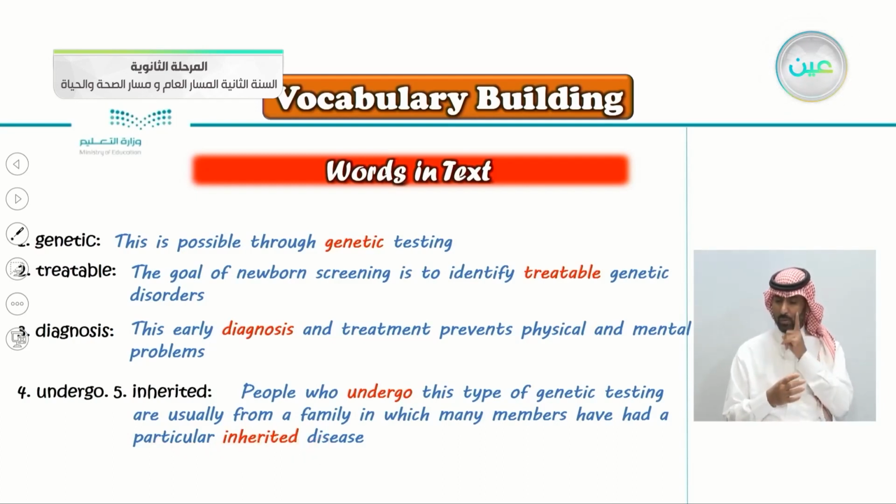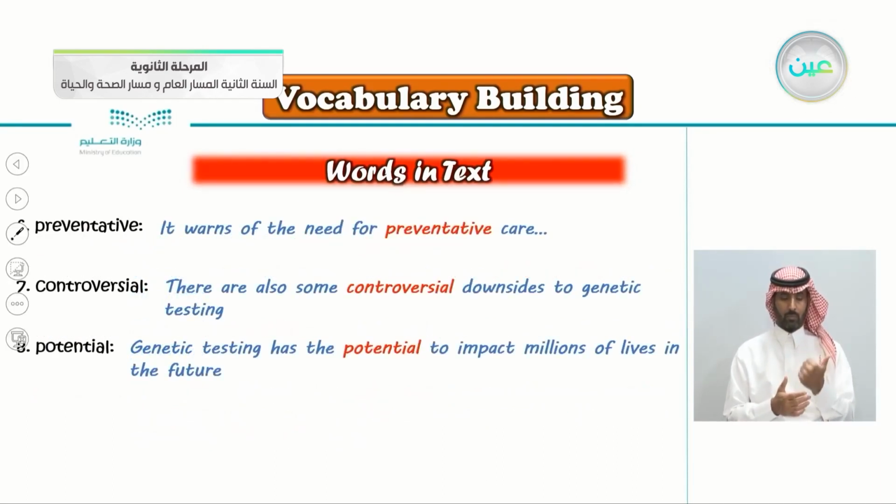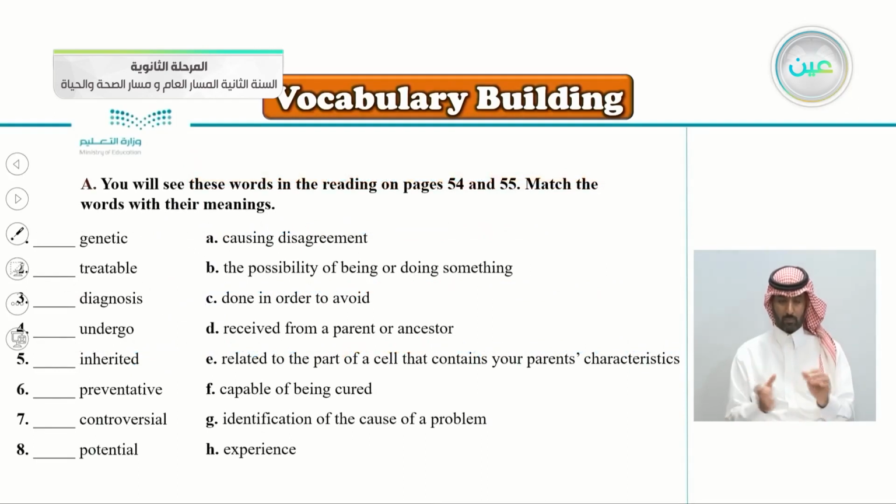So we will see what the meaning of inherited is later. Number 6, preventative. It warns of the need for preventative care, and we have the word controversial and the word potential. So let's answer the first one.